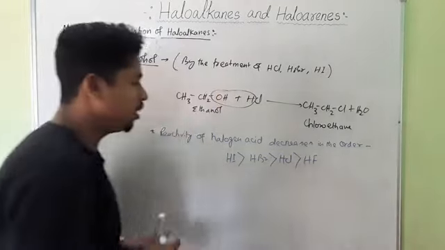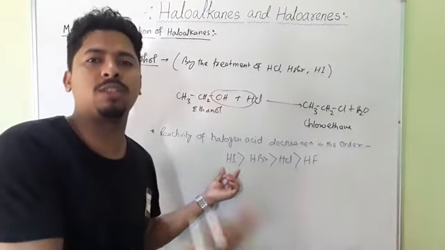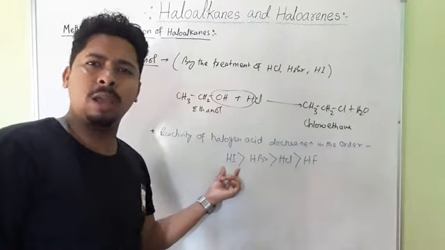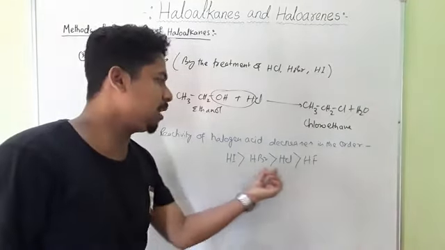If the halogen acid is HI, it will react faster. The reactivity of HI will be more, and it decreases in this order: HI, then HBr, then HCl, then HF.